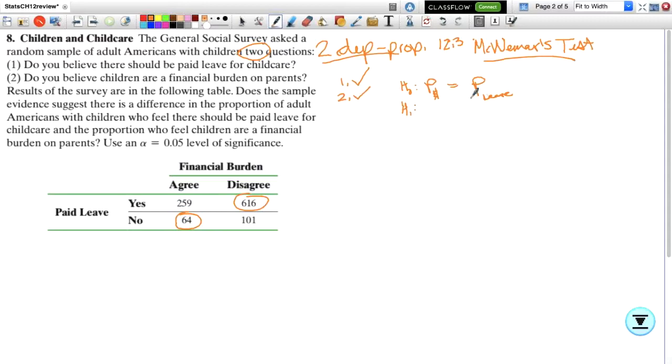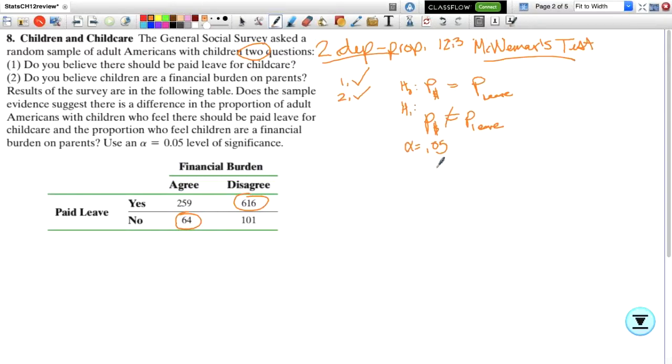That's always our null, that they're equal. The alternative is going to be that they're not equal. Okay, so the proportion of people who think that children are a financial burden and the proportion of people who agree with paid leave are not equal. And that's what we're actually testing. They did give us an alpha of 0.05.